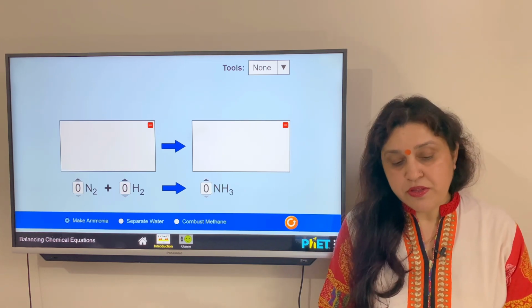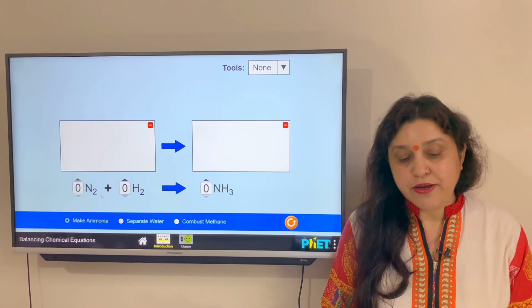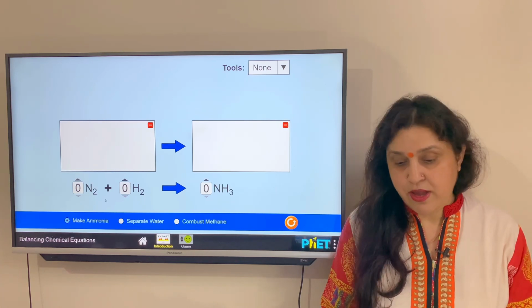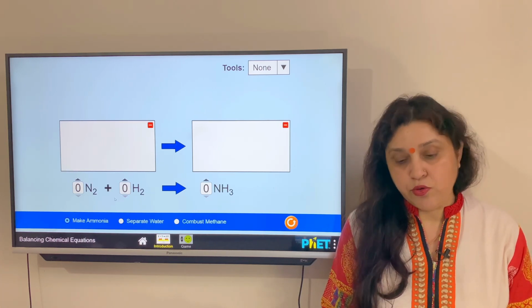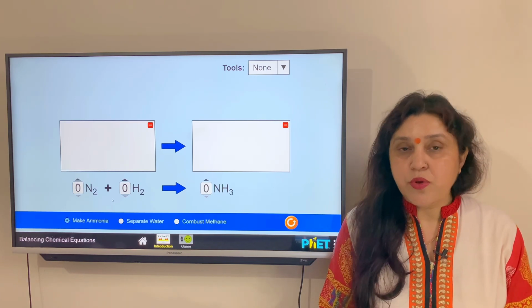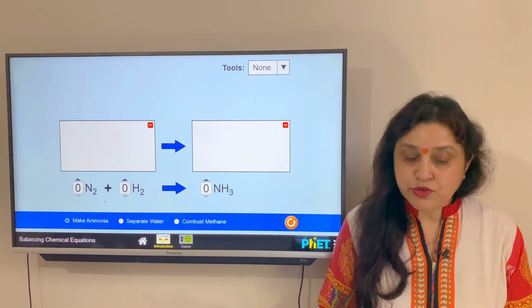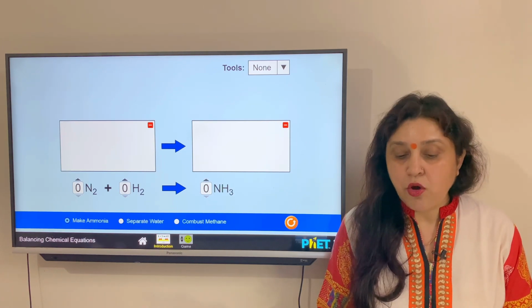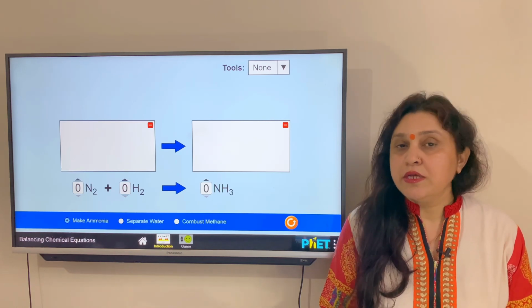When we observe this reaction, on the reactant side there are two atoms of nitrogen, and on the product side there is only one atom of nitrogen. So this equation is not balanced. So let's try to learn balancing of this equation with the help of this digital simulation.